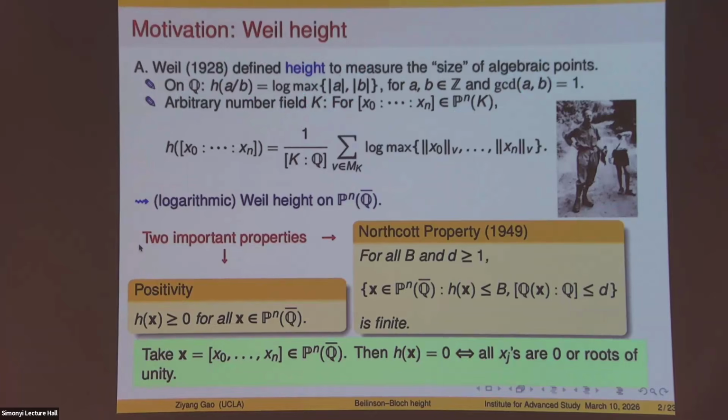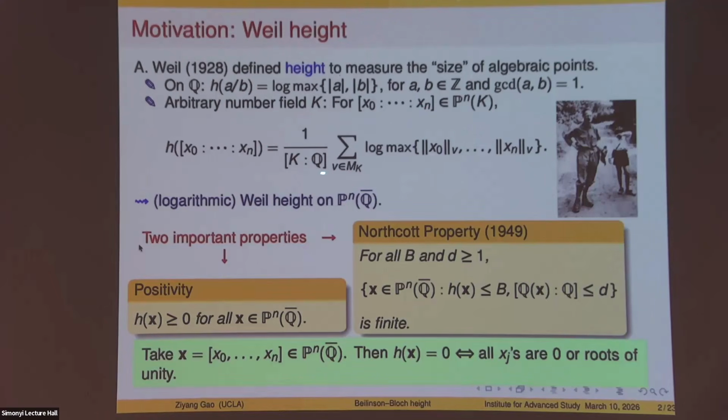This is for rational numbers, and we can generalize this definition to algebraic numbers. For any number field K, we can define the height of a point on projective space, the K-points on that. But for a general number field, because the class number is not necessarily 1, we may not be able to write it in a unique way as a ratio of two integers. So we do this sum. We sum over all the places of the log max of the v-adic absolute values.